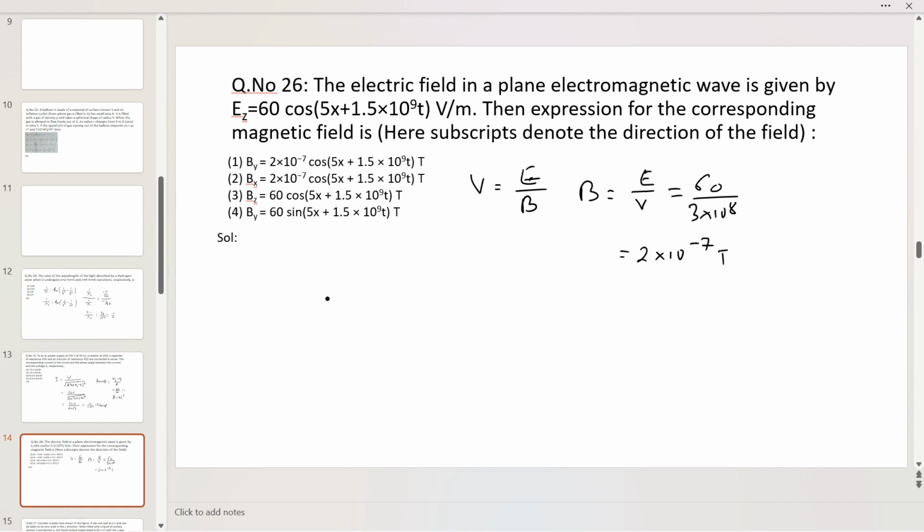So your answer will be By is equal to 60 sine of 5x plus 1.5 into 10 to the power of 9 t Tesla.